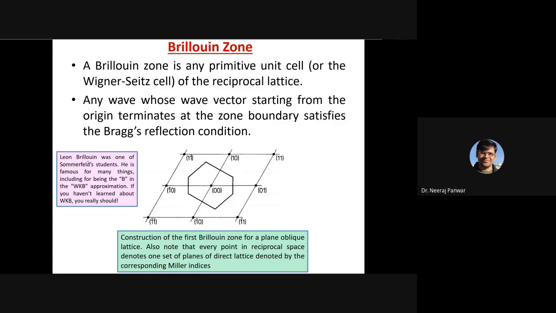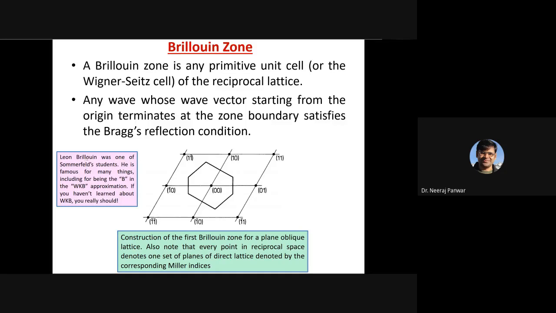of the students of Sommerfeld. One day I told you about Sommerfeld, how great people have worked under his tutelage. Sommerfeld himself could not get the Nobel Prize, but he produced several Nobel laureates.